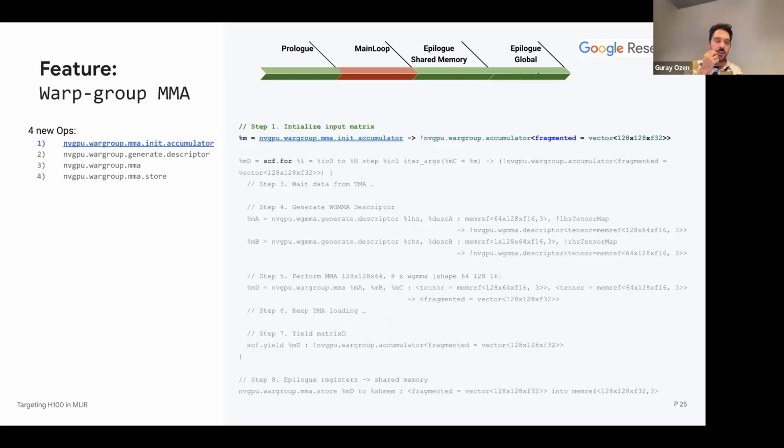And the last feature I implemented is the warp group MMA, the warp group matrix multiplication. We use it in the main loop to multiply the matrix. I came up with 4 new ops. The first op is initializing the accumulator.